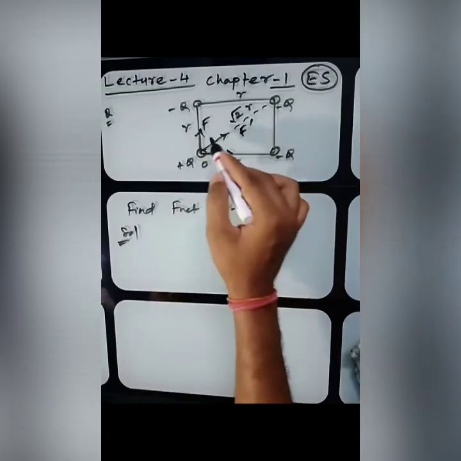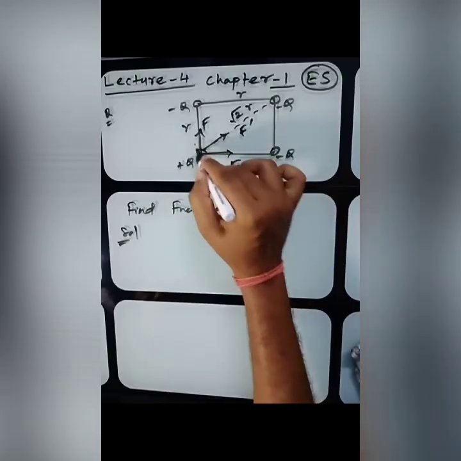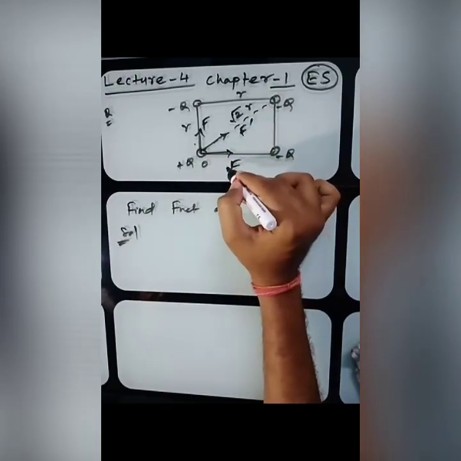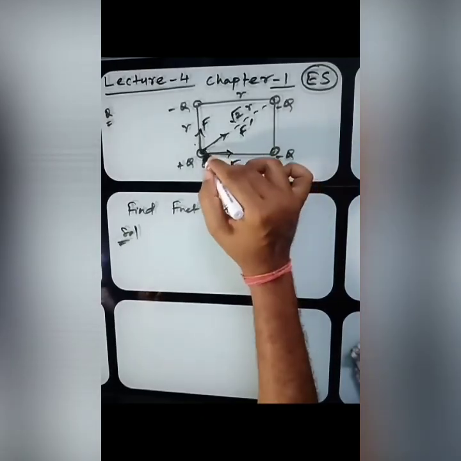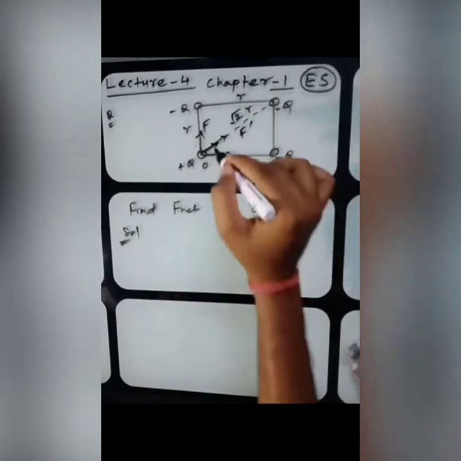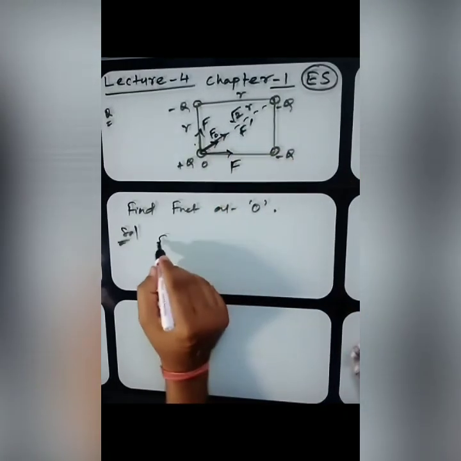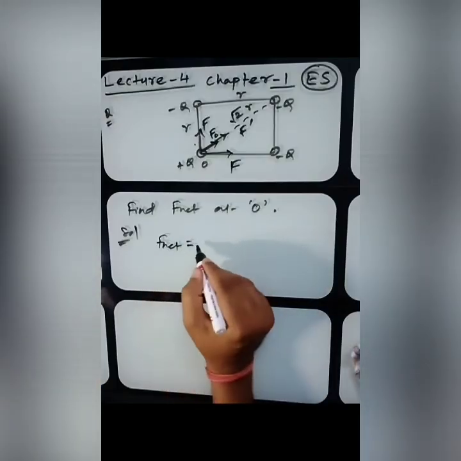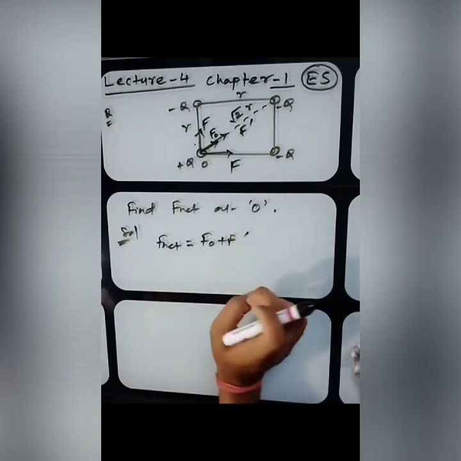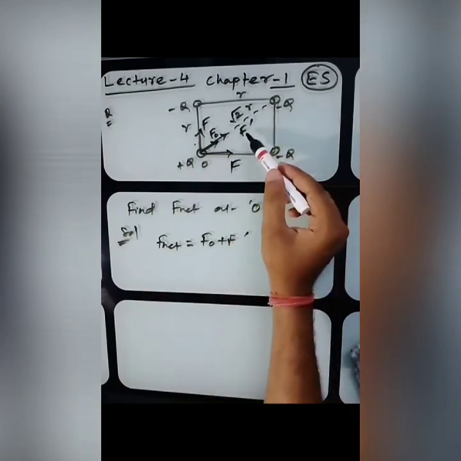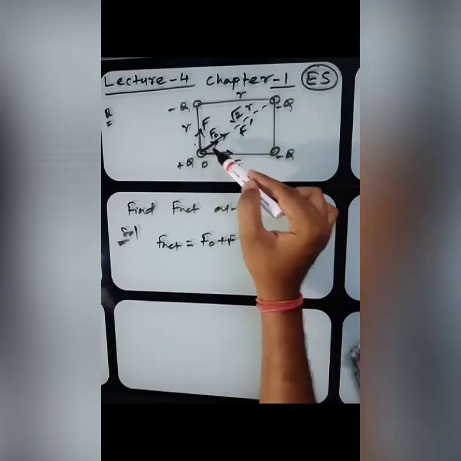Remember, these two forces will give you the net force on the diagonal, because these two are identical forces at 90 degrees. So the net force will be at 45 degrees, and the force will be in this direction. Suppose it is F naught. So the net force now will be F naught plus F dash, nothing else. This is F dash, force due to these two charges, and F naught, this is the net force of these two forces.